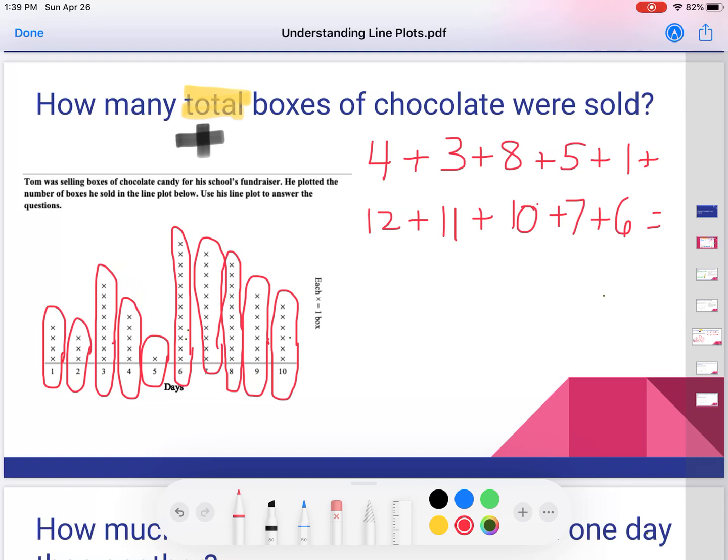Now, take the time to add these up. I'll give you a few moments to find your answer.